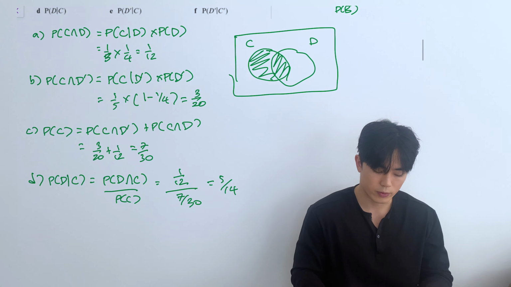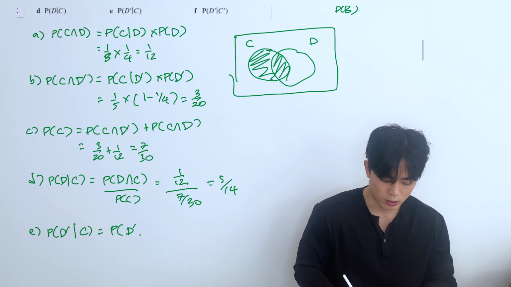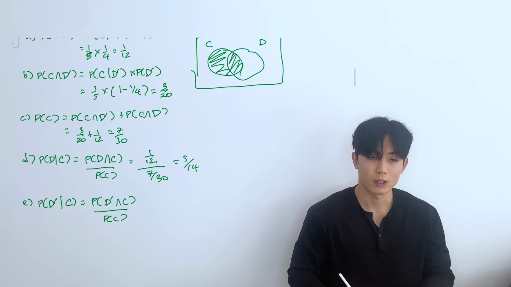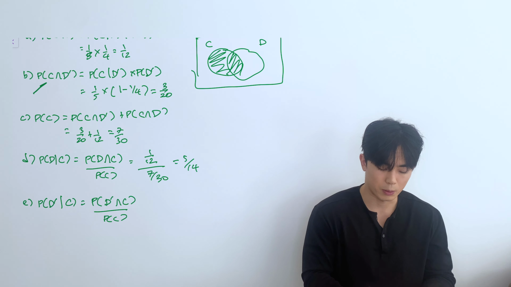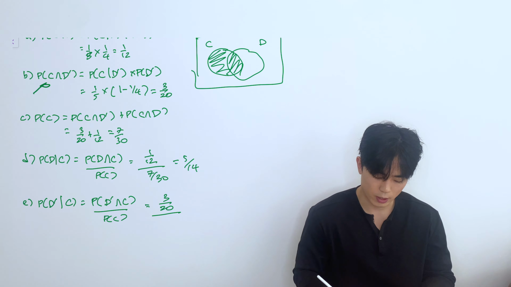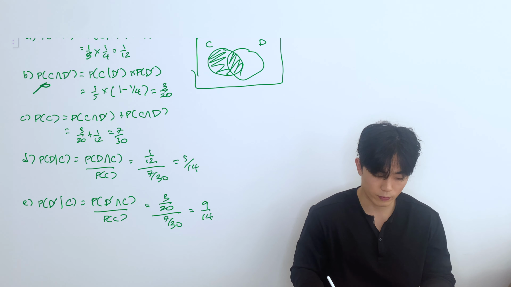Right, E, probability of not D given C, which is the probability of not D and C over the probability of C. Probability of not D and C is the same thing as probability of C and not D in part B. So this is going to be 3 over 20 over probability of C, which was the same as part C, so 7 over 30, which would give you 9 over 14.